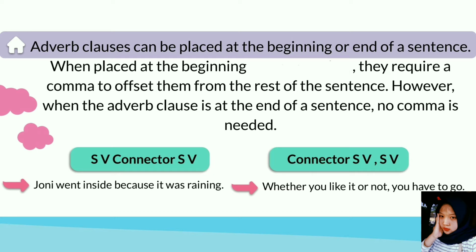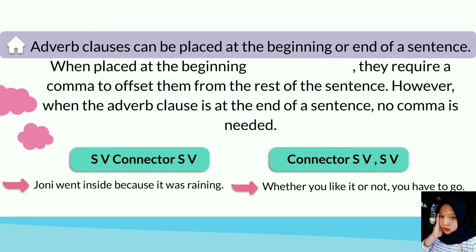The example of the first structure, subject verb connector subject verb: Johnny went inside because it was raining. In this example, no comma, because the adverb clause is at the end of the sentence.